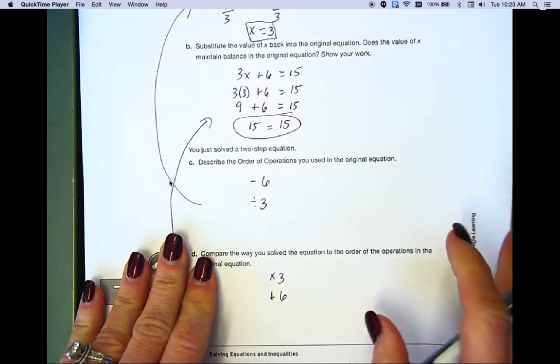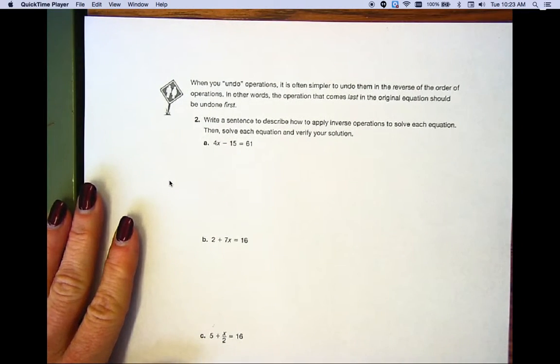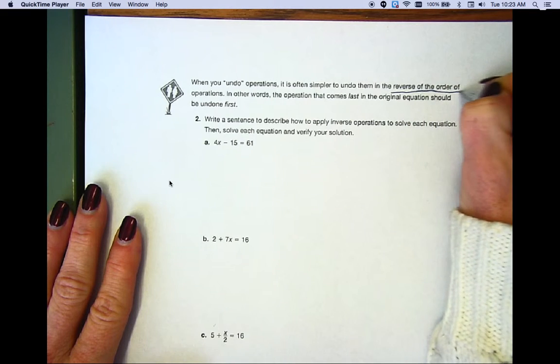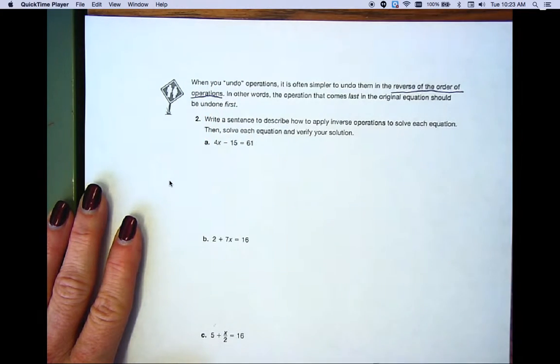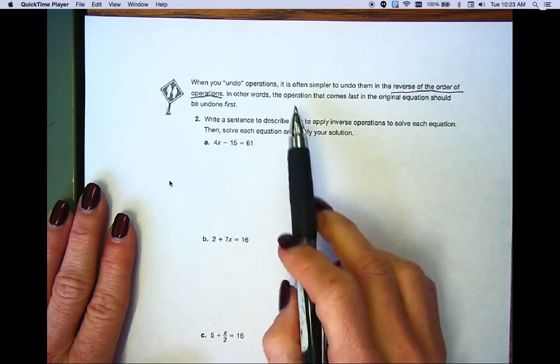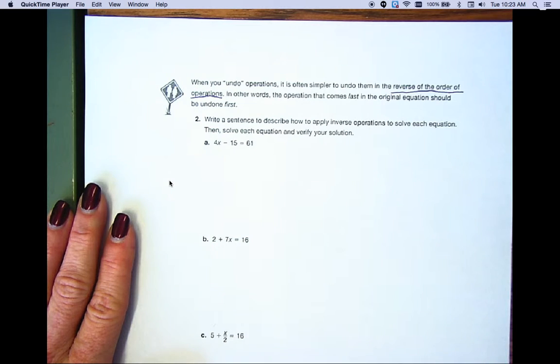So we're solving opposite in the reverse order. So when we undo operations, it's often simpler to undo them in the reverse of the order of operations. In other words, the operation that came last in the original should be undone first.